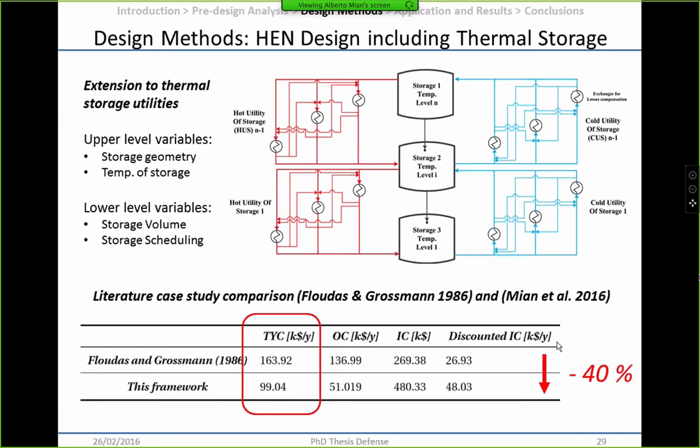We are storing energy during a period in which we have an excess of heat, and then we are providing this heat in a successive period in which the energy we have is not enough to supply our demand.